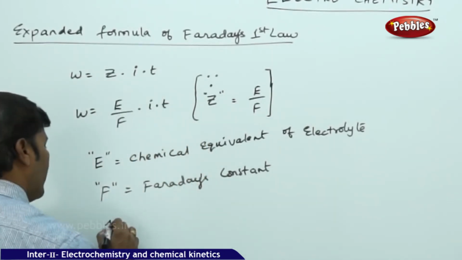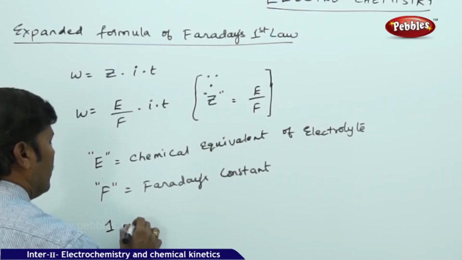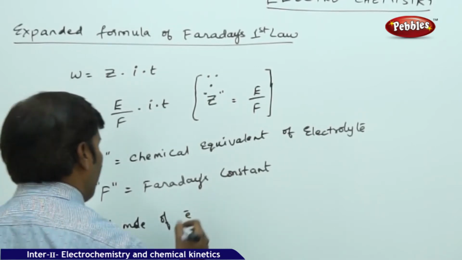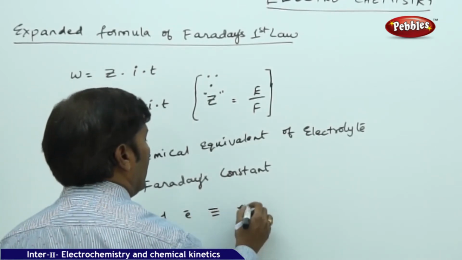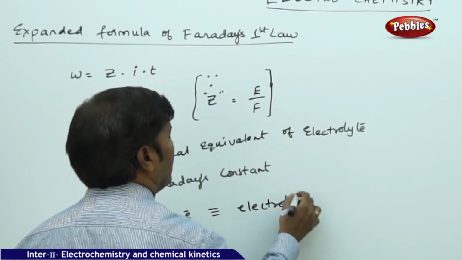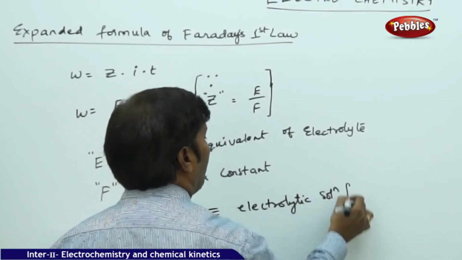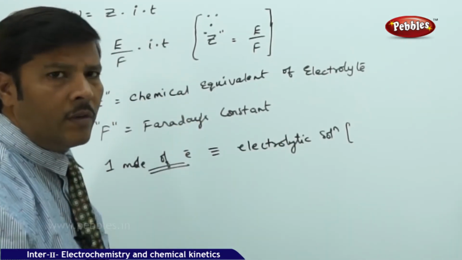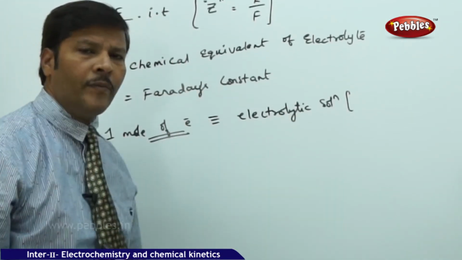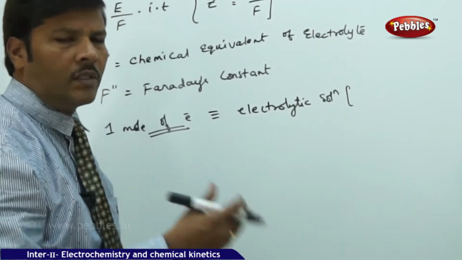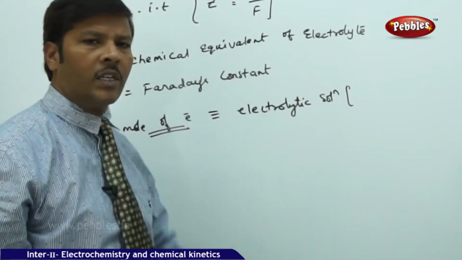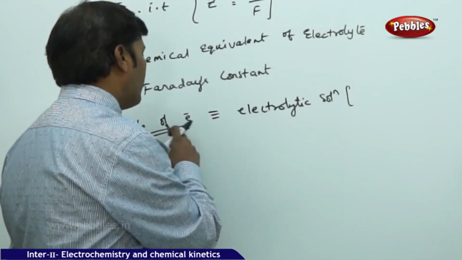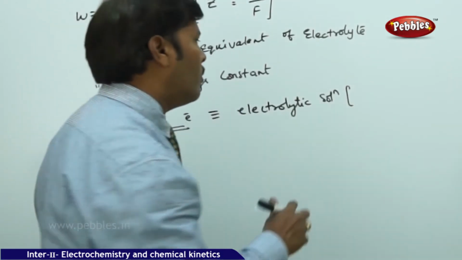So if 1 mole of electrons is passed into the electrolytic solution in the form of electricity, this means we are sending a certain amount of electricity, because flow of electrons is nothing but current, and that current is sent in the form of quantity of electricity. So we are passing 1 mole of electrons into the electrolytic solution during the process of electrolysis.